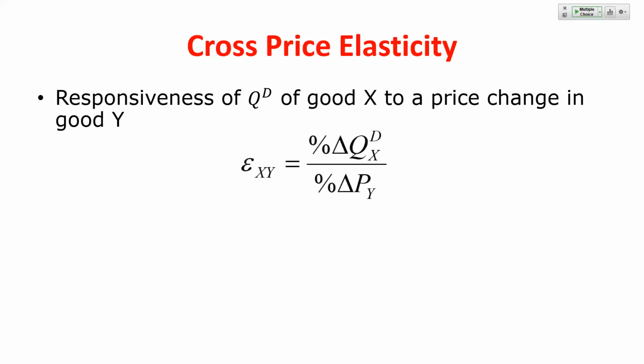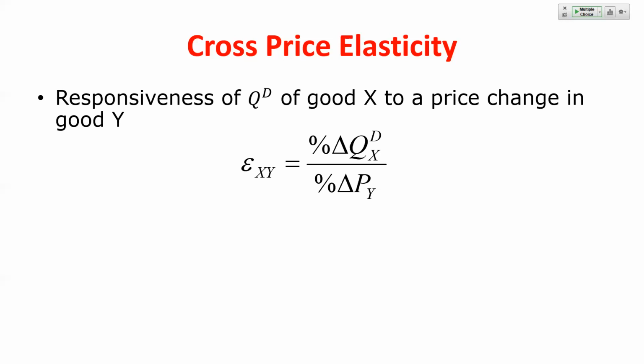So with this cross price elasticity, we're looking at the percentage change in quantity demanded for good X, but now it's not from a price change in good X, it's from a price change in good Y. So let's match the notation: demand in good X, and the percentage change in price in good Y. Let's think about what the cross price elasticity is telling us.